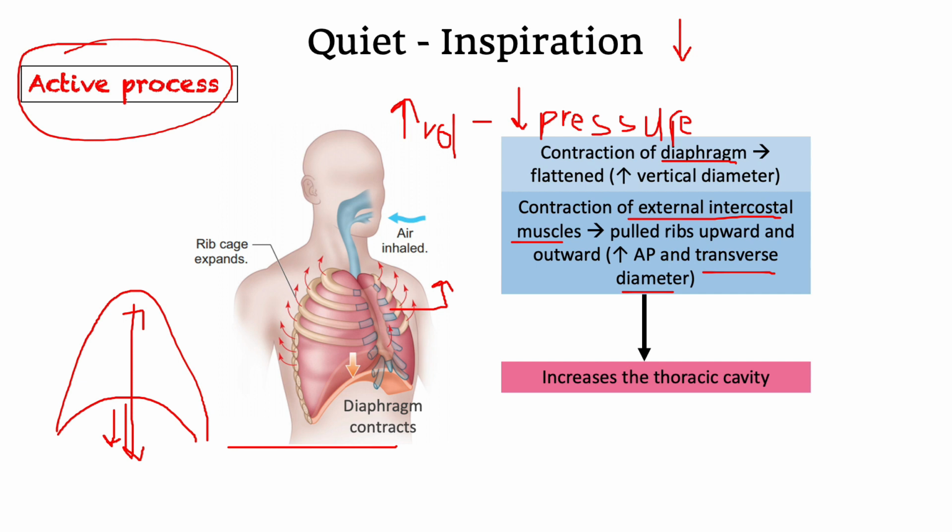Now, when we have increased the vertical, the anteroposterior and also the transverse diameter, we have already increased the volume of the thoracic cavity.